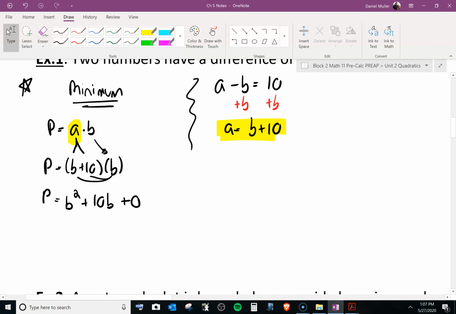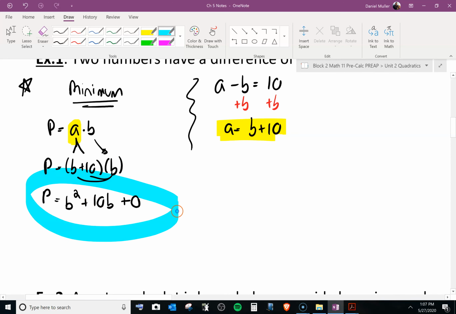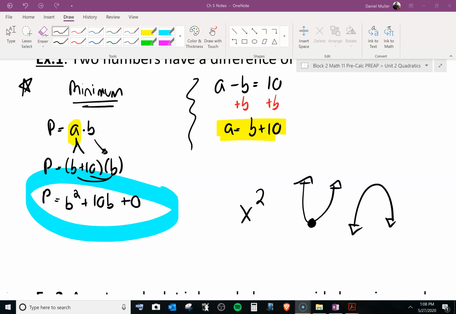Whenever you have a quadratic, which is the unit that we're in, whenever you have an x squared function, you know what that looks like. It's going to look like that, or it can face down and look like that. They're going to have points, and those points are called the vertices.